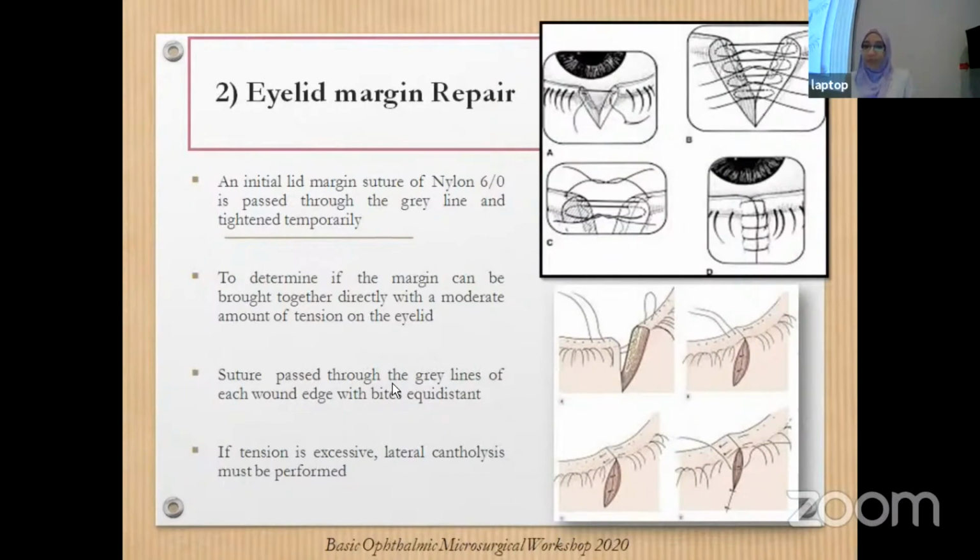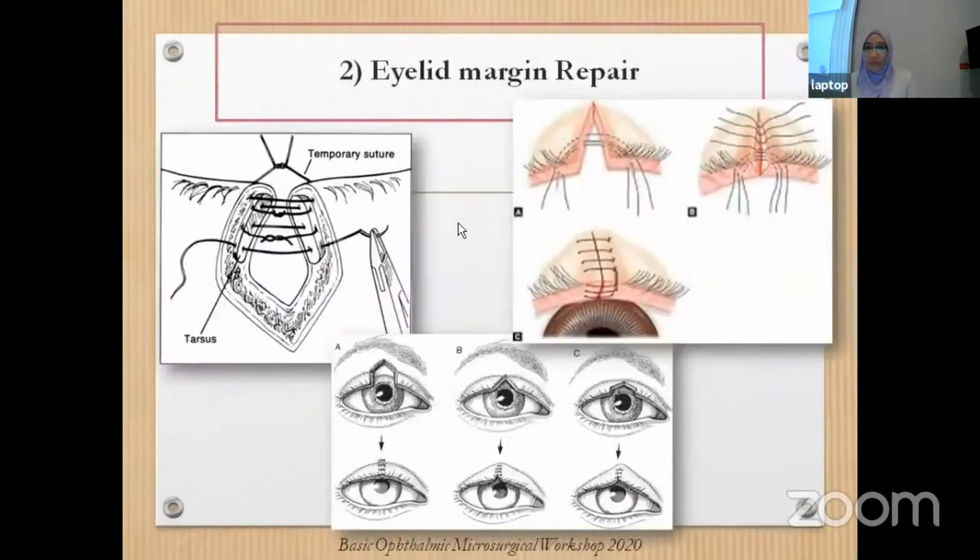If the tension is excessive, we might need to do a lateral cantholysis to make it oppose. This is normally what we do. Nowadays we rarely do the temporary suture. We just identify the grey line, and then at this part of the grey line we make a temporary knot, and then we suture the tarsals.